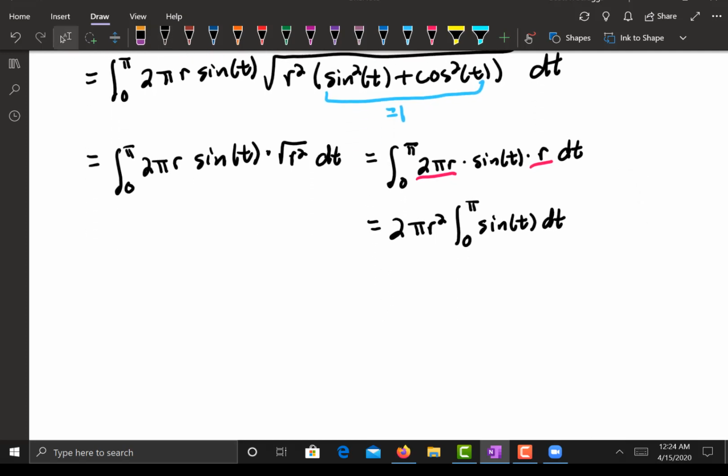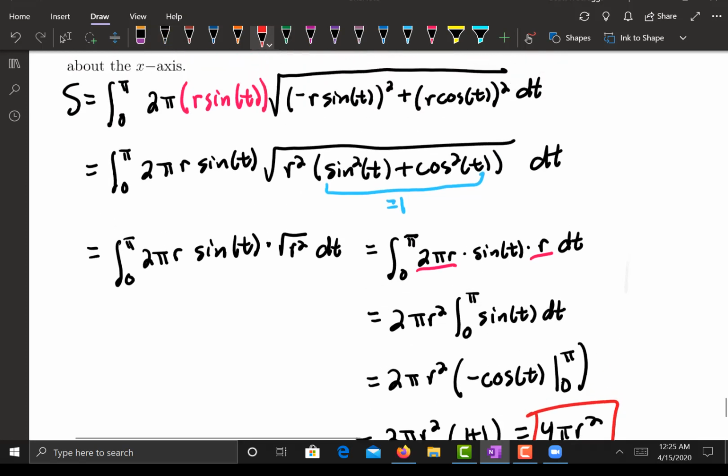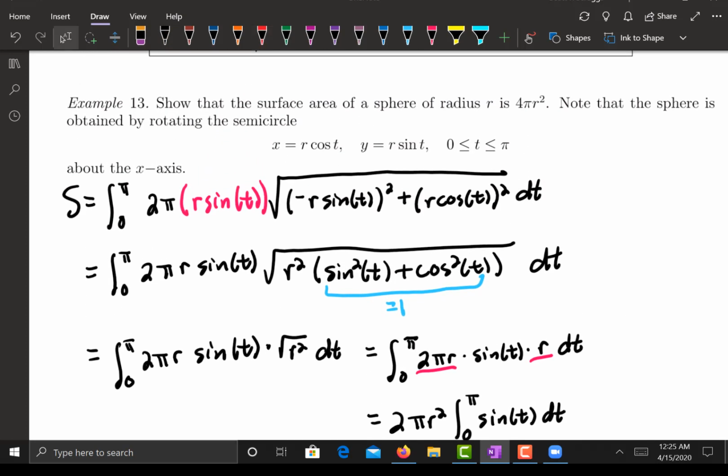Now integrating that, I get 2 pi r squared times negative cosine t, evaluated from 0 to pi. In doing that evaluation, I get 2 pi r squared times 1 plus 1, which equals 2, so 4 pi r squared, which is equivalent to the surface area equation for a sphere.